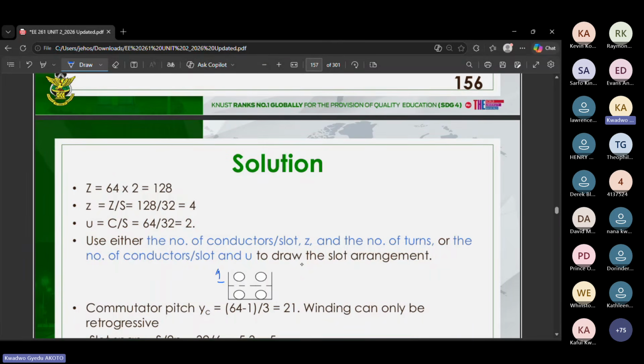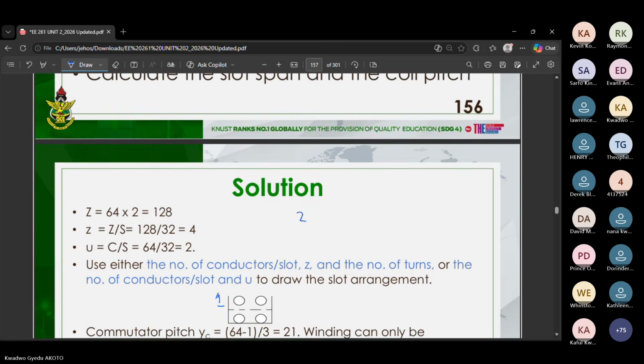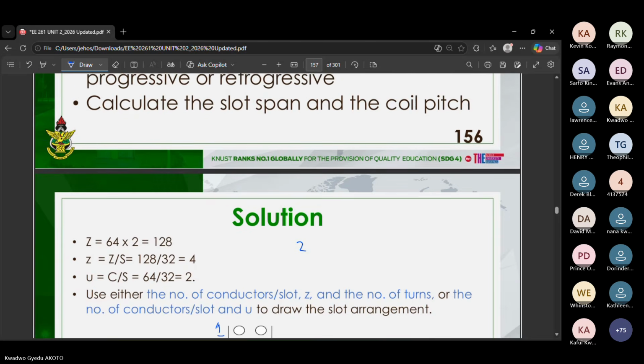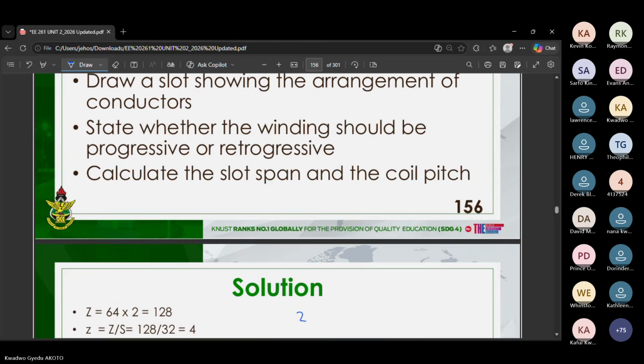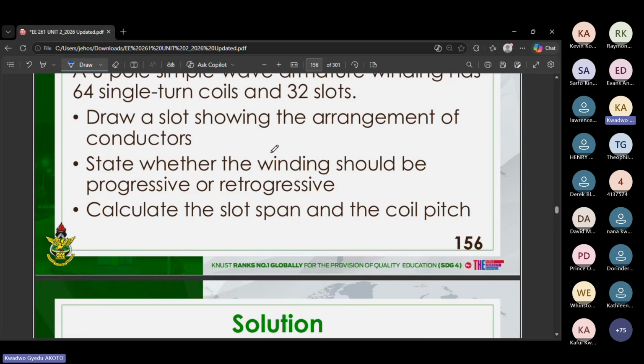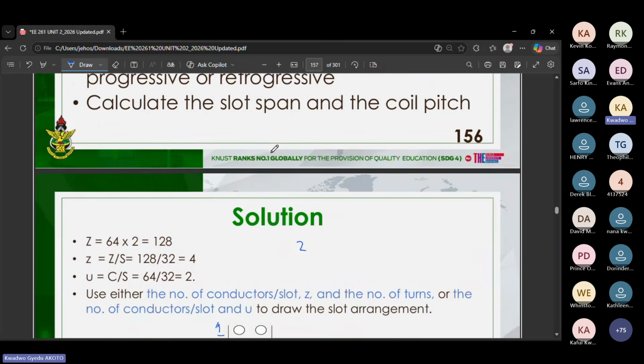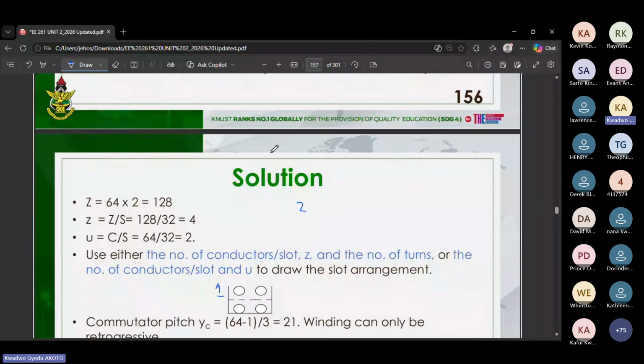So that means that our number of rows is going to be equal to 2. 64 singleton coils, right? So you know that our number of rows is going to be equal to 2, because singleton coils, one row per layer, 2 layers. We have 2 rows.